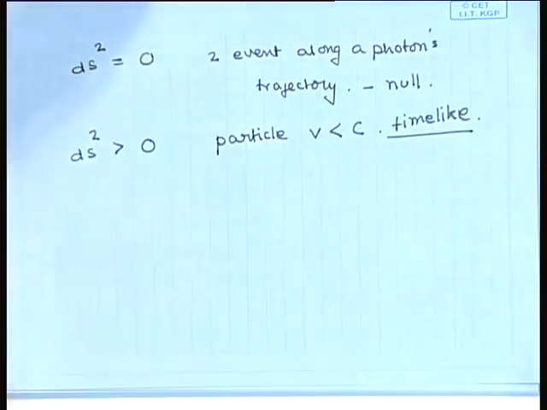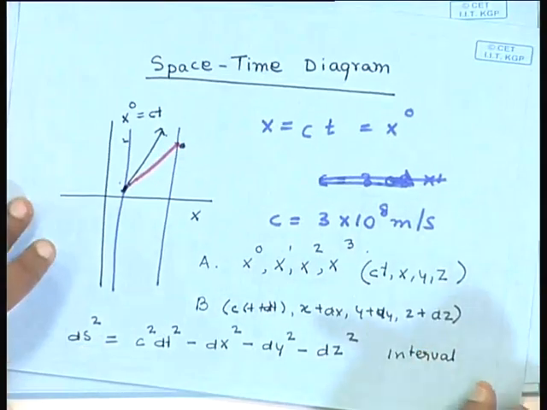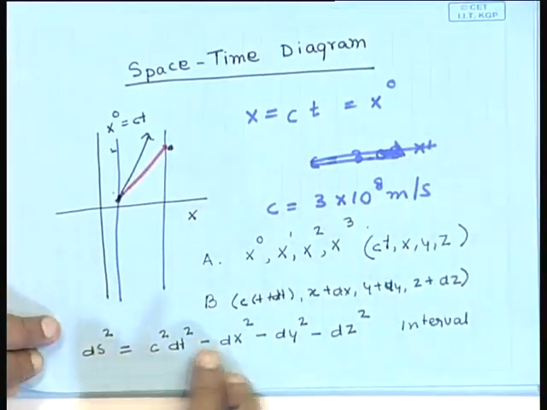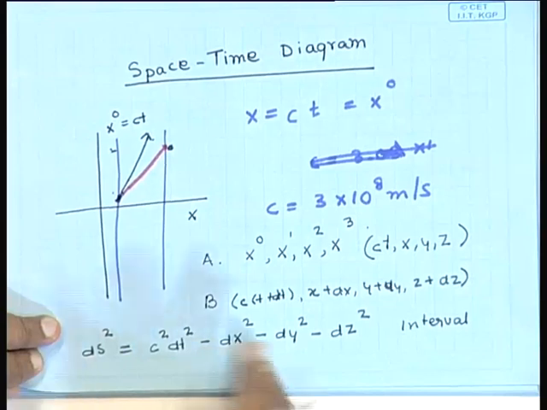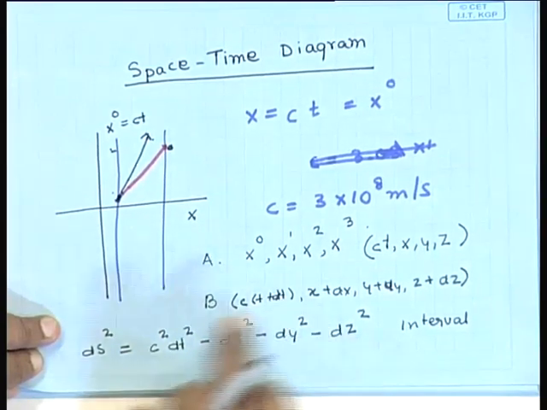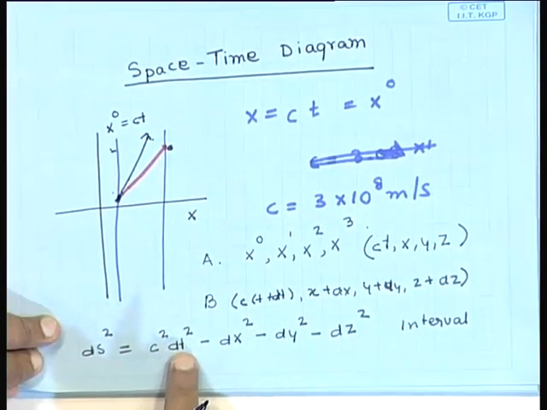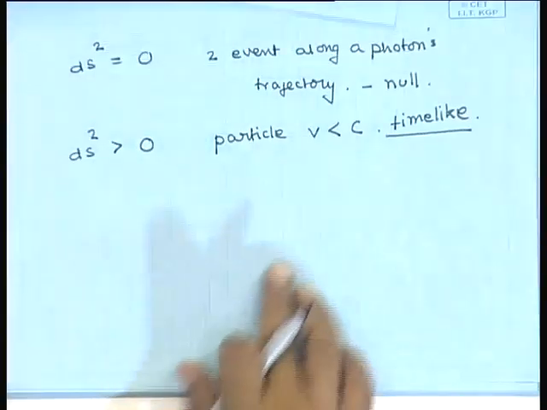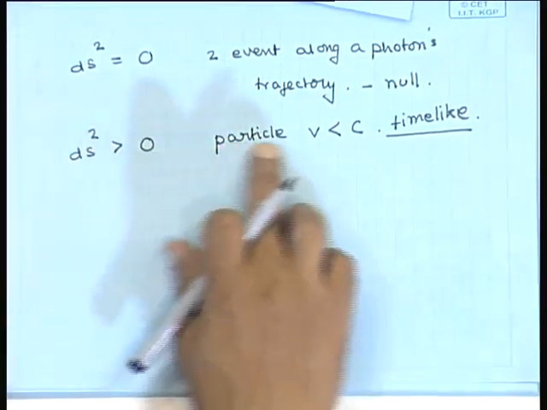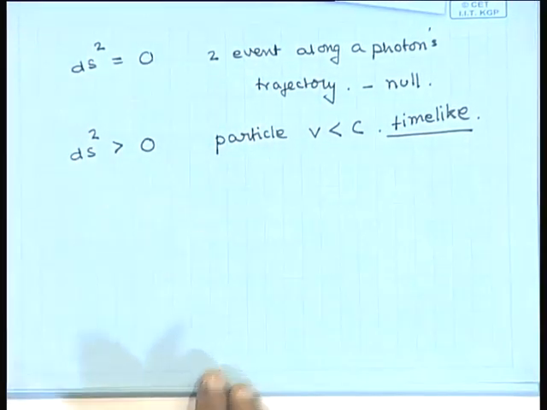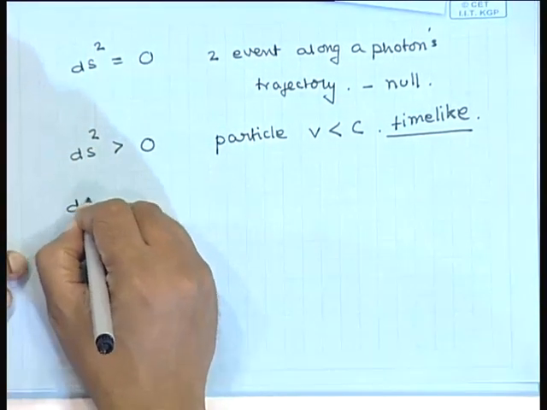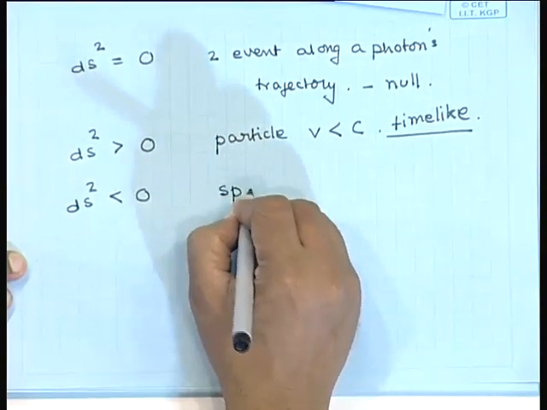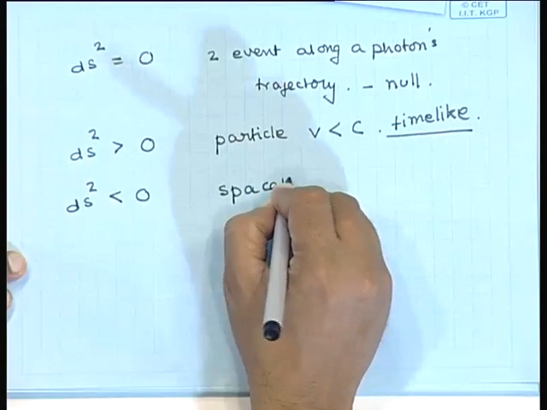Why is it said to be time-like? ds square is positive for an observer at rest, for a particle at rest. For a particle at rest, only time changes, right? So ds square is positive for such a particle, which is why when ds square is positive, it's referred to as time-like. If ds square is less than 0, the interval is said to be space-like.